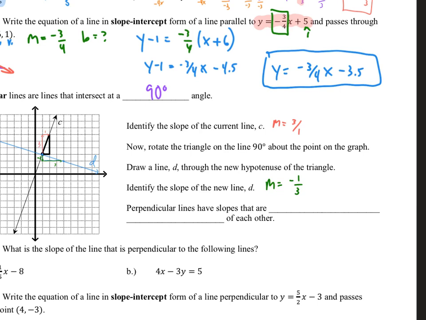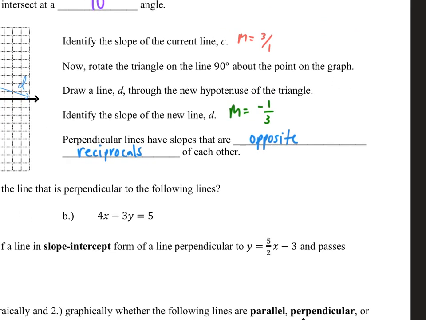And so looking at the relationship between those numbers, 3/1 and -1/3, perpendicular lines have slopes that are opposite. So one is positive, one is negative. And they're reciprocals, so that means the fractions are flipped. So just real quick, what do opposite reciprocals look like? Other examples. If the slope of one line was negative 4/5, then the slope of the second line would be positive 5/4.